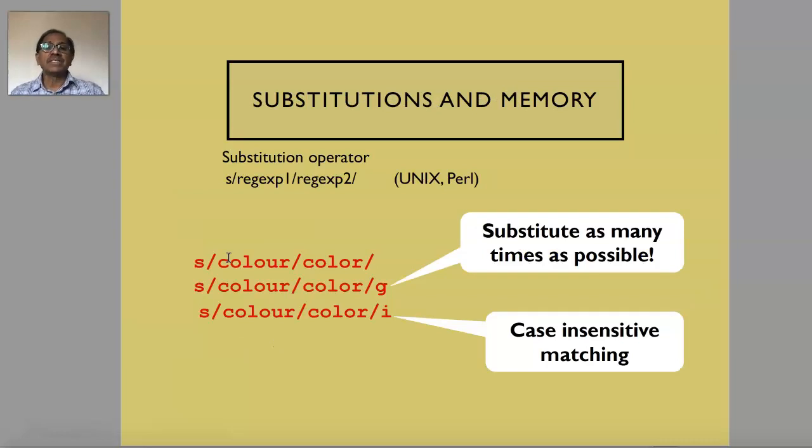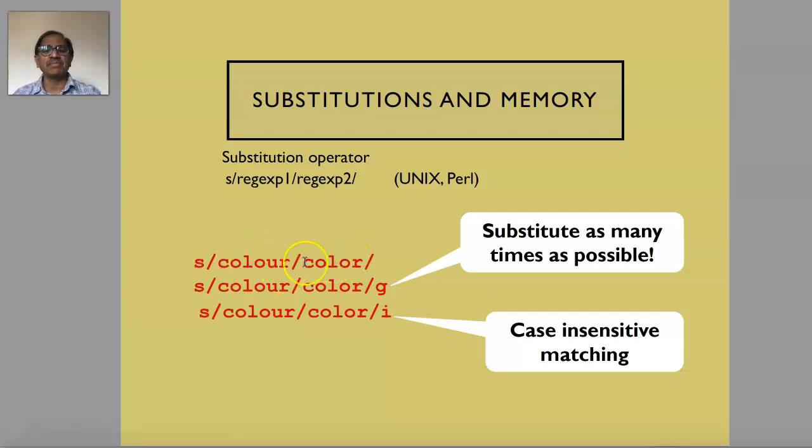One of the very important concepts is substitution, which is used in Perl, Python, Unix, in most of the languages, right? So you have a regular expression 1 which has to be substituted with regular expression 2, right? This 2 substitutes expression 1. So if you want to substitute every word which is COLOUR with COLOR, you can use this.